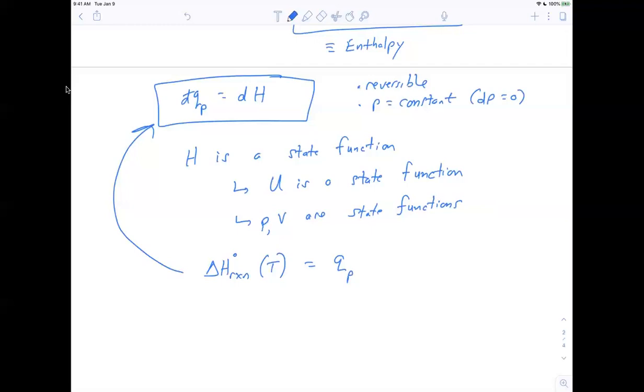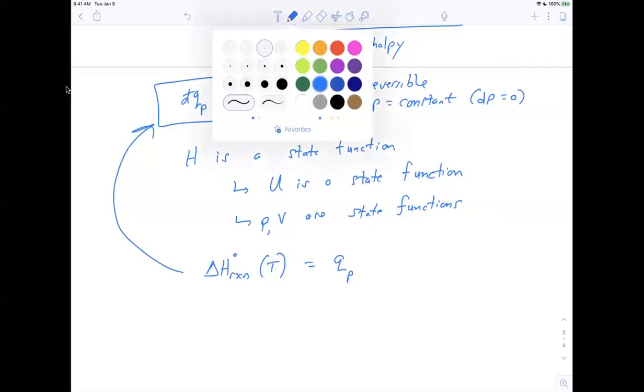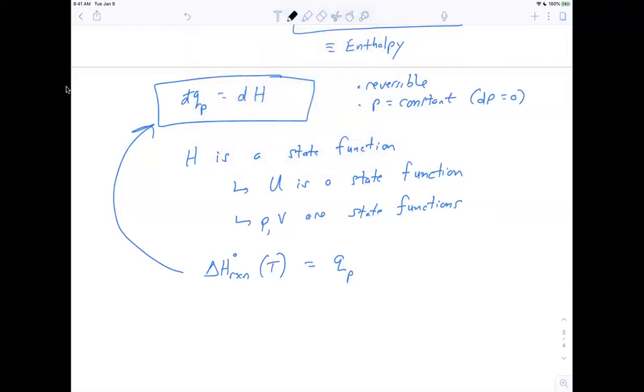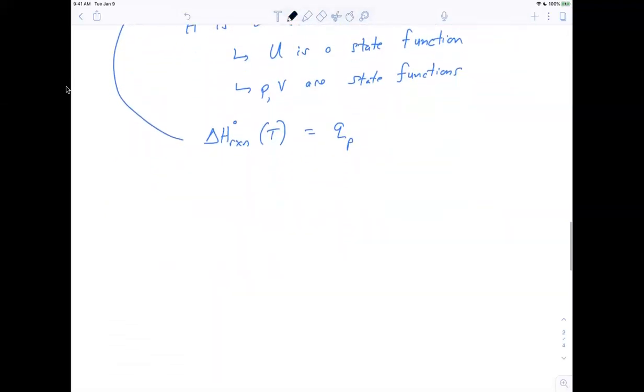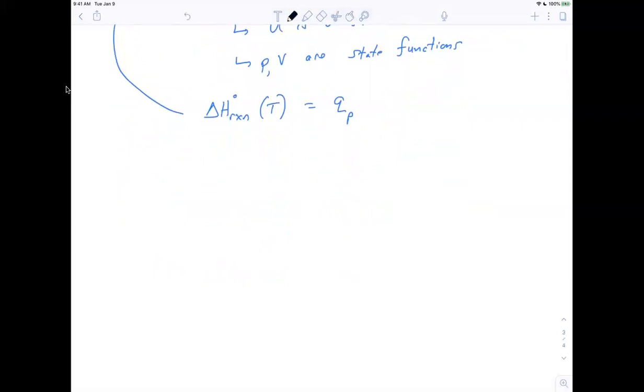All right, so I'm going to move on now to looking at the total differential of H. So let's take a look at the total differential of H. H must be a function of some variables.